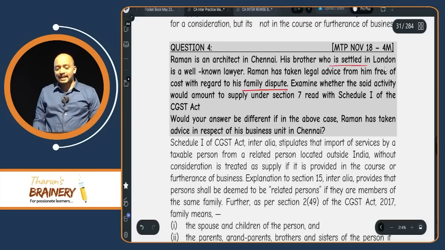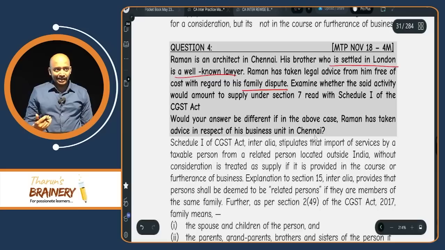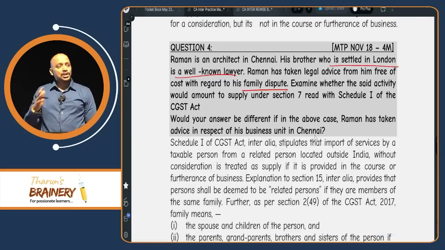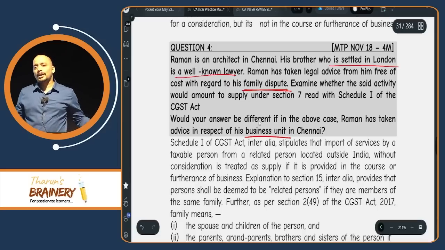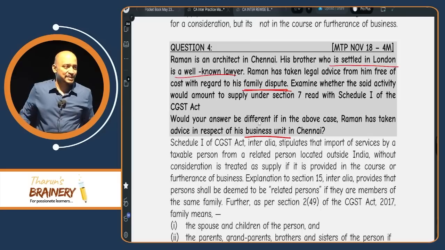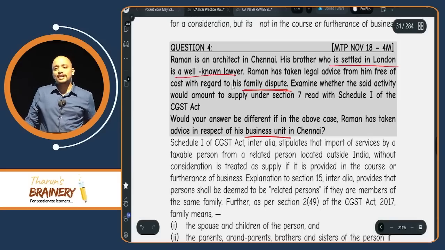Brother settled in London, well-known lawyer, means brother is not dependent. A non-dependent brother is not family, consequently it is not import of service from a related person. Let it be a family dispute or let it be for a business unit, first of all it is not import of service from a related person, consequently it is not supply.